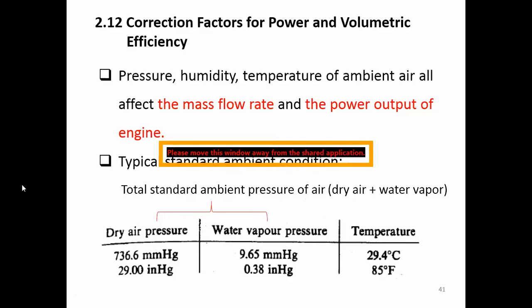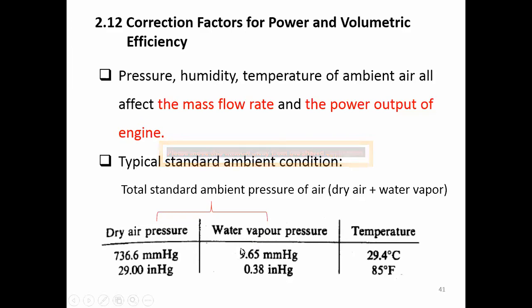One pressure comes from the dry air, which occupies most of the standard ambient pressure. And another pressure is from the water vapor pressure, which is much smaller, right? But if you remember in thermodynamics, we used to talk about this before, in the last portions of thermodynamics, when we talked about mixtures.